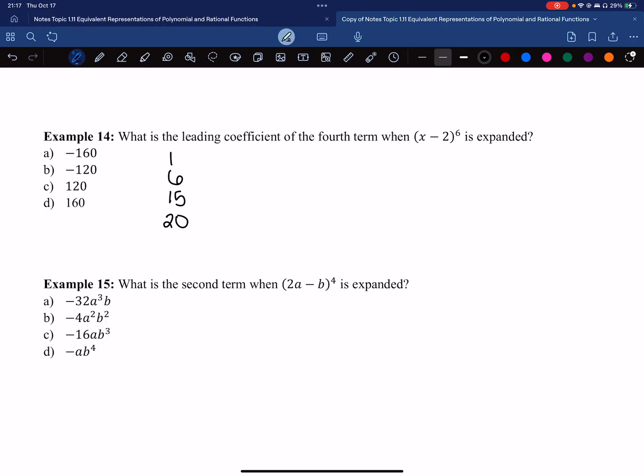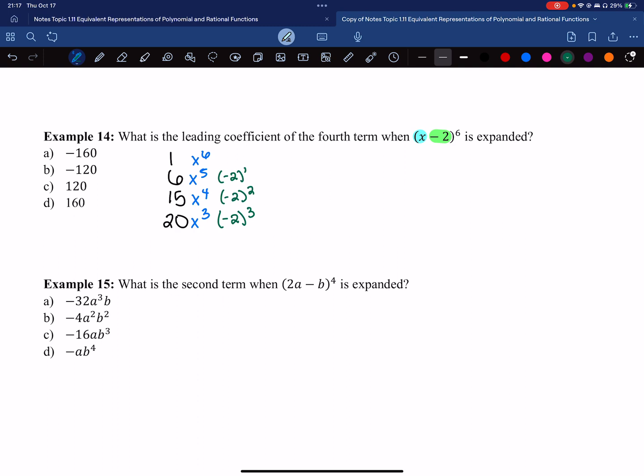From here, we're going to take x, and it's going to go x to the sixth, x to the fifth, x to the fourth, x to the third. Then we're going to take negative 2: negative 2 to the first, negative 2 to the second, and negative 2 to the third.